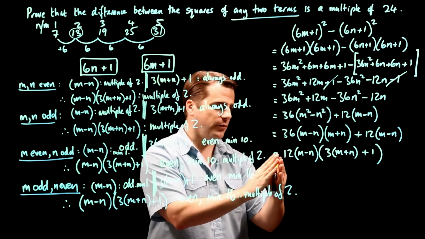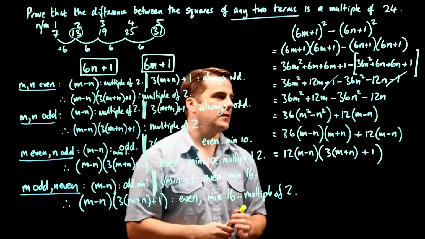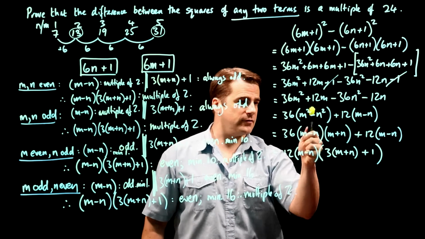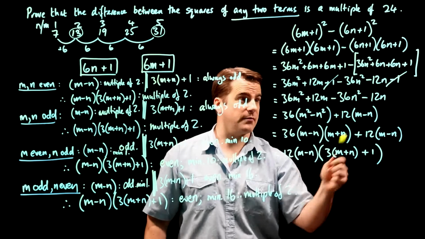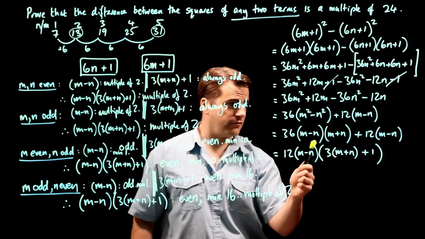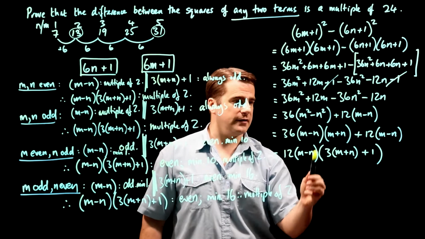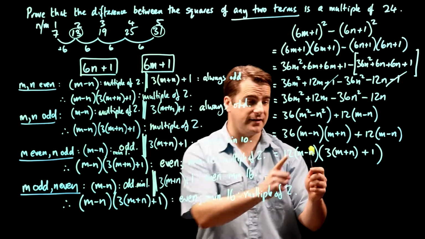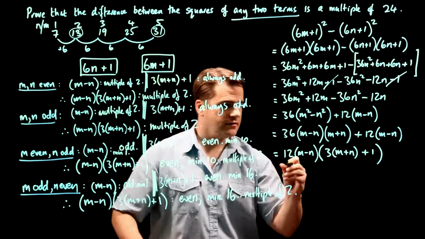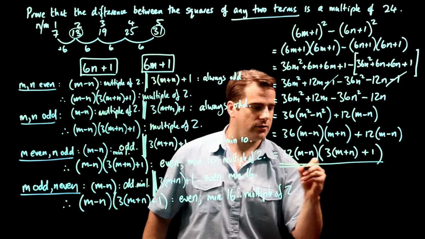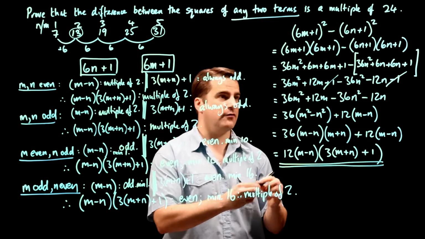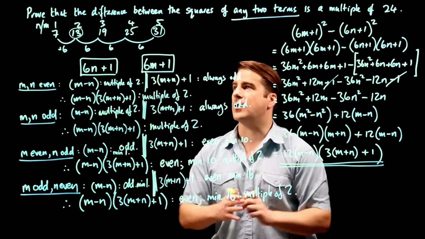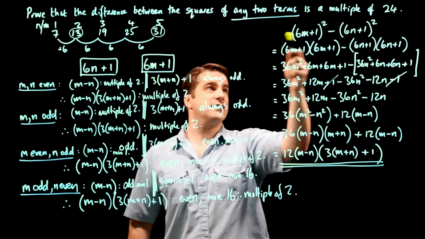That's how we ended up with this expression here. We used the difference of 2 squares and we kept factorizing. I pulled out a factor of 12 times m minus n at once. You can pull out a factor of 12 first and then the m minus n, it doesn't matter. So you end up with your expression for the difference between the squares of any 2 terms.